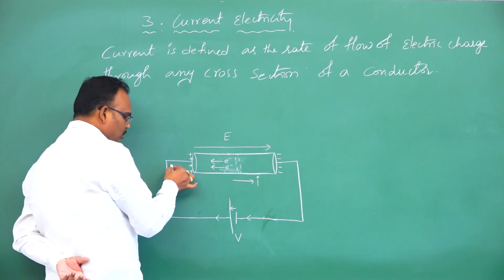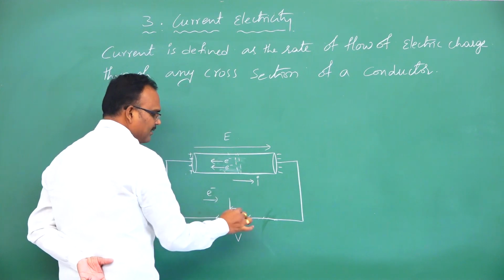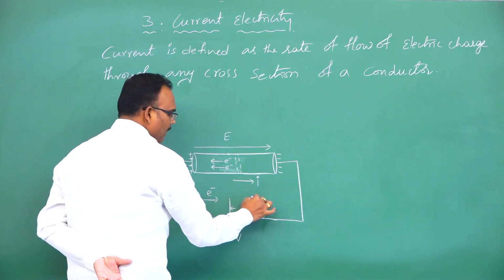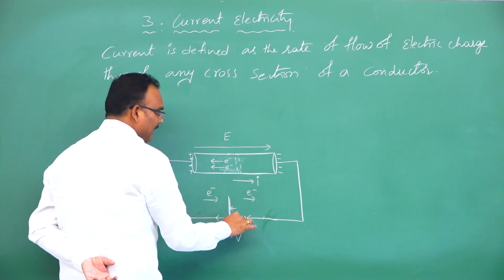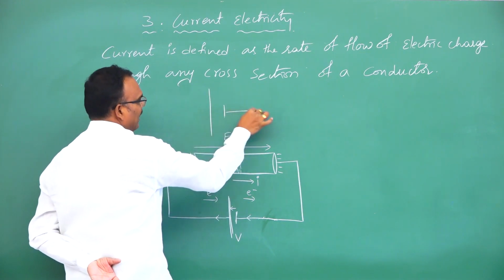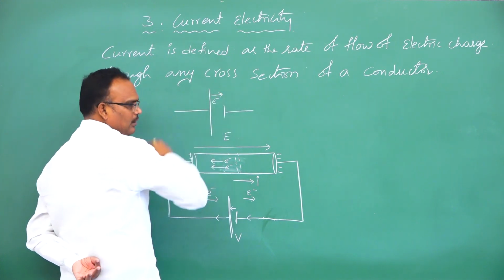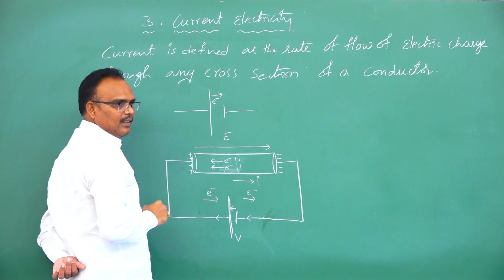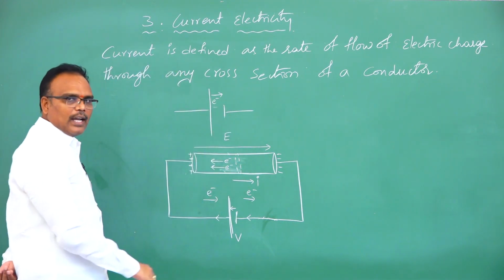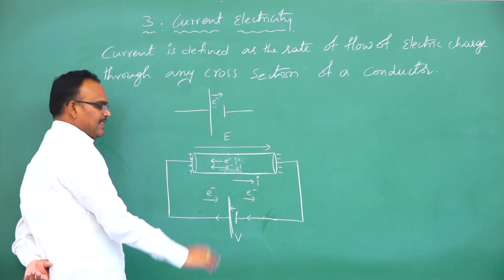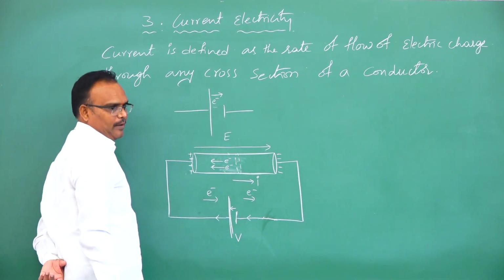Actually now electrons are moving like this inside the cell. See, electron is moving from positive plate to negative plate. Okay, here the cell has to do work. So remember all these things. So this is how current will flow in the circuit.